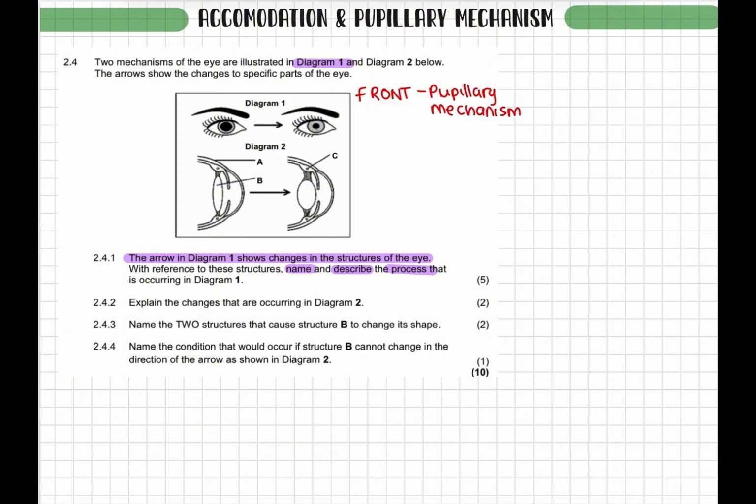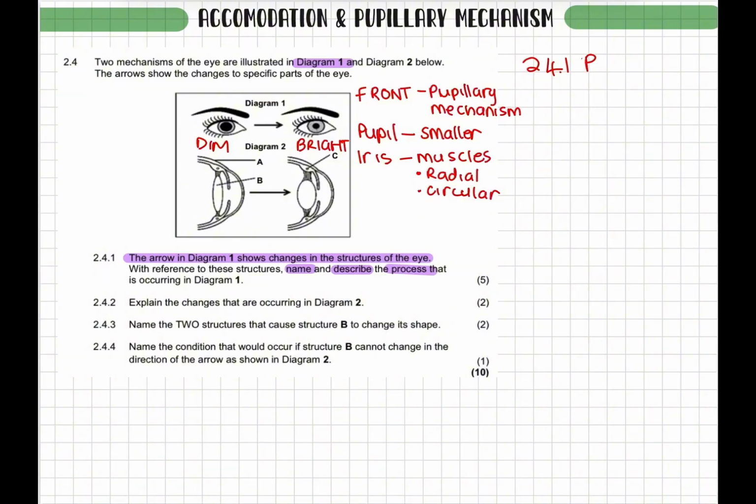Now looking at the pupil in diagram 1, it becomes smaller, and that is controlled by the iris, specifically muscles of the iris. These are radial and circular muscles. So when you look at the 2 eyes, the first one would be dim light, and then the second one we can see that's bright light. So the question wants us to name and describe the process. We've already named it as pupillary mechanism.